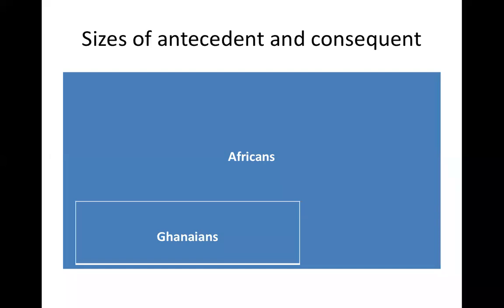So we say that the consequent is normally a larger class of items compared to the antecedent. Consequents are normally larger classes than antecedents. That is the rule that you'll be operating with.